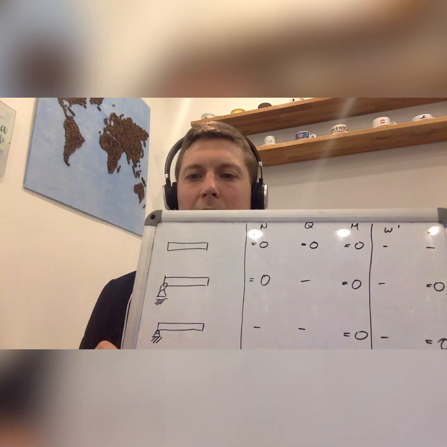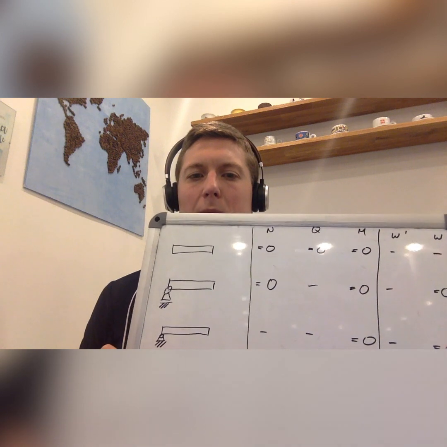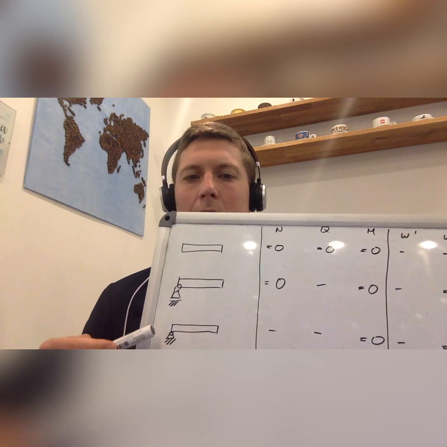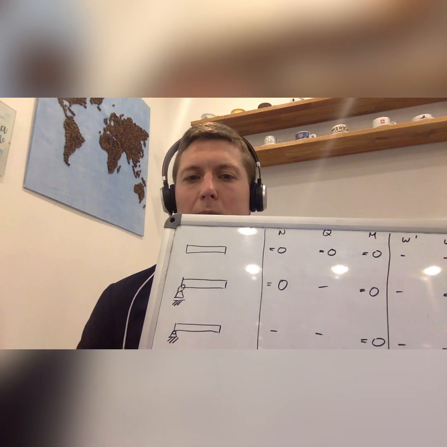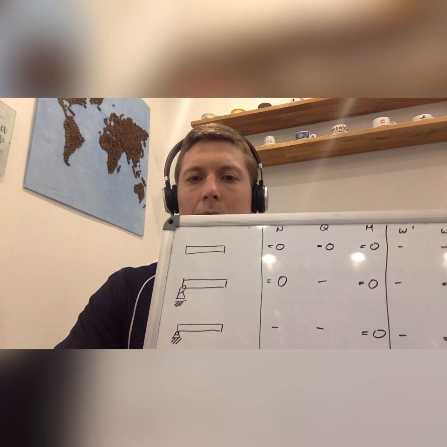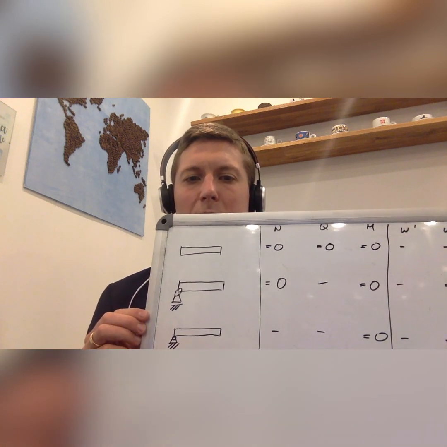A pin bearing in this case allows once again a rotation with respect to the bearing point. So this means that the moment at this position is 0. It can rotate with respect to that point, but the point itself cannot move horizontally or vertically. If it cannot move horizontally or vertically, then there are forces which prevent the movement.